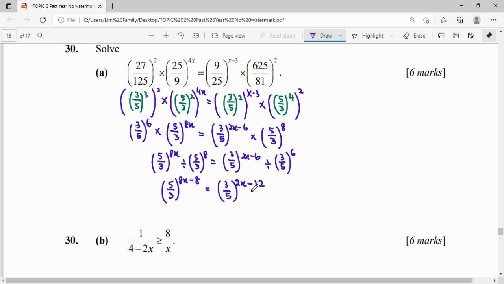But for these single indices, they are in different bases. Just inverse it. I want to change it to the same base, so I will remain it as 5 over 3. When I inverse it, this is 5 over 3 power to negative. So the negative will times the remaining power. Power and power again, so we will times the remaining power.